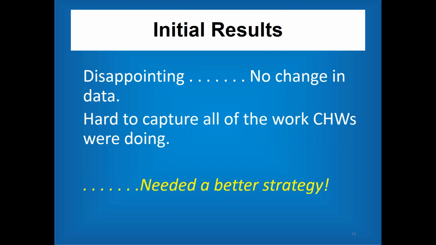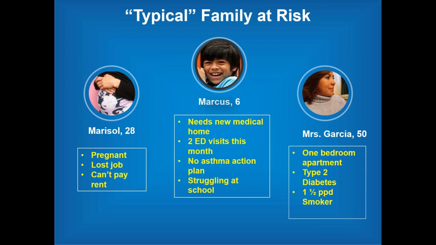So let me set the framework here of what a typical family at risk would look like for a community health worker or another community-based care coordinator. Let's assume we start with Marcus, who is a 6-year-old. He was just seen in the emergency department again for an asthma exacerbation, and fortunately it was the same ER doctor as the time before, who realized that everything that she said hadn't been followed up on.